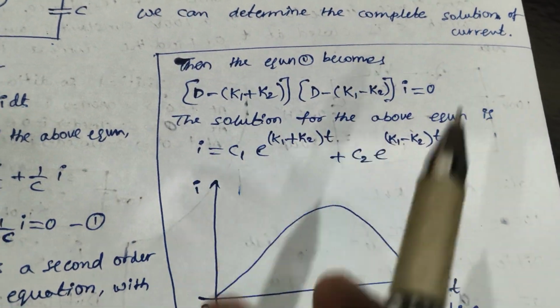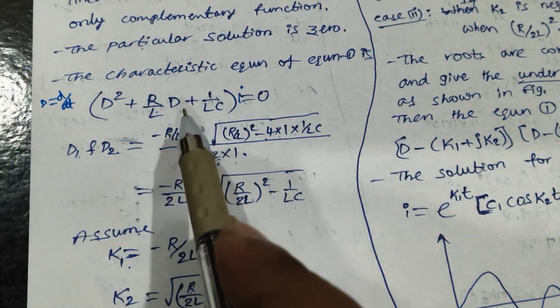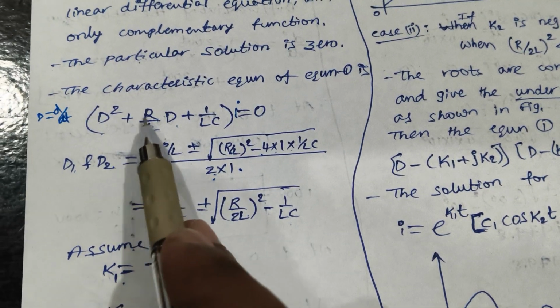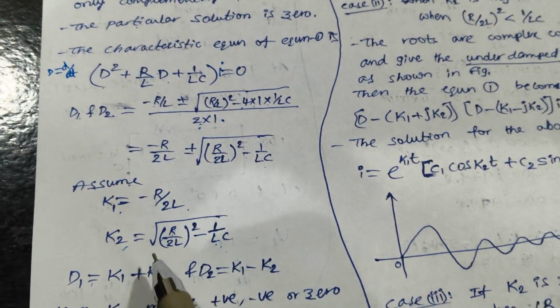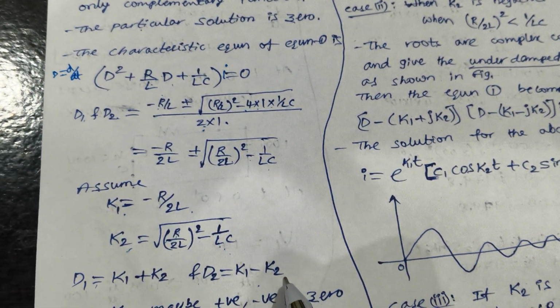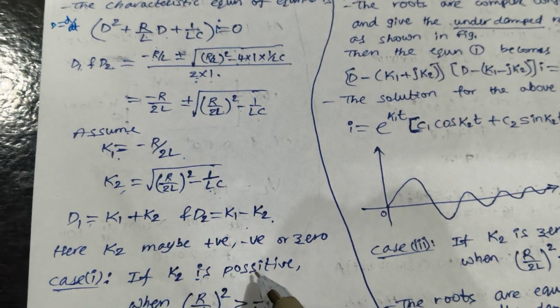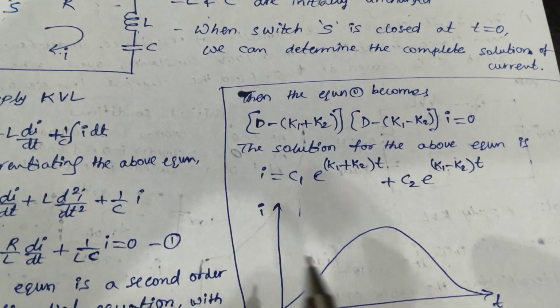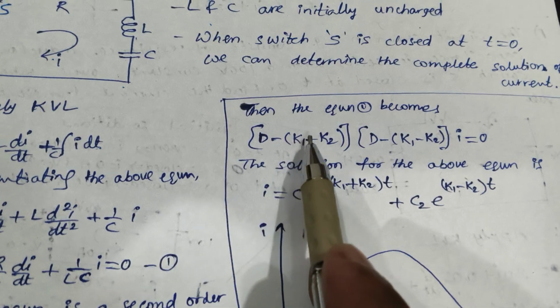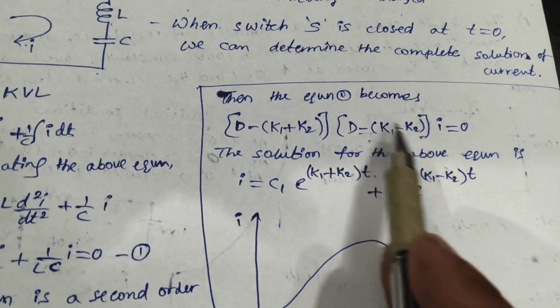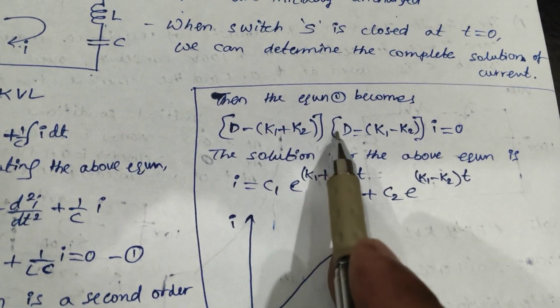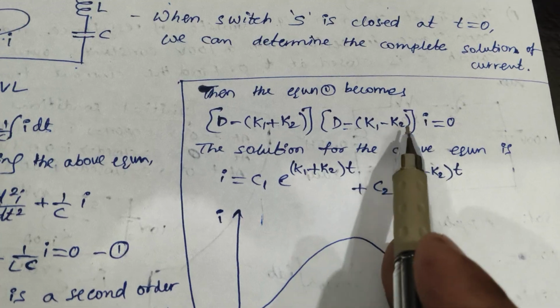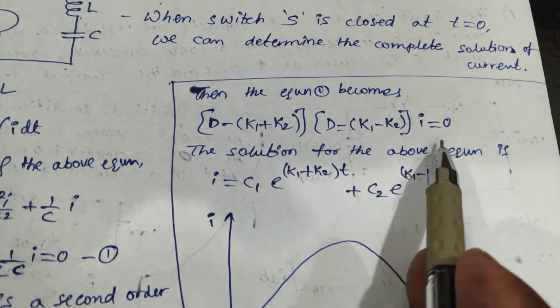Then equation 1 becomes, we got the roots as k1 plus k2 and k1 minus k2 when k2 is positive. So I can write it as D minus first root, D minus second root, that is D minus of k1 plus k2 into D minus of k1 minus k2 into I is equal to 0.